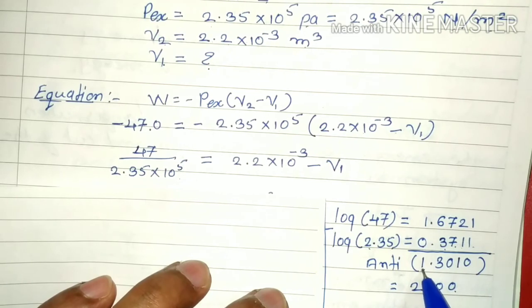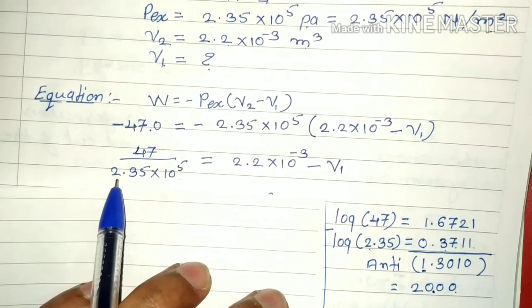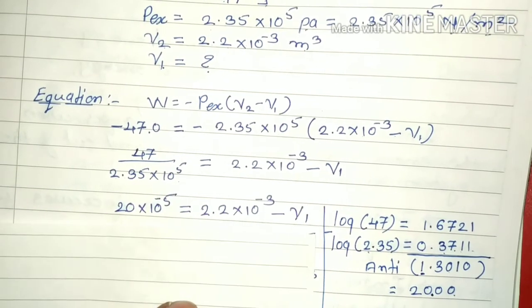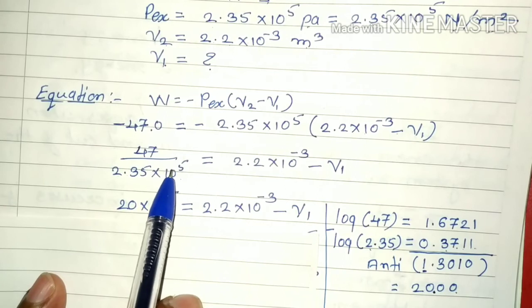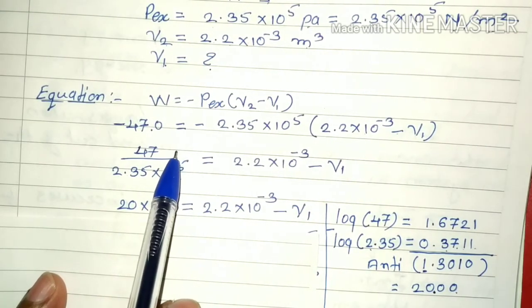Here the characteristic is 1, so the decimal point is given after 2 digits. So our answer of 47 divided by 2.35 is 20. So here there is 20 into 10 raised to 5, which is moved to the numerator.